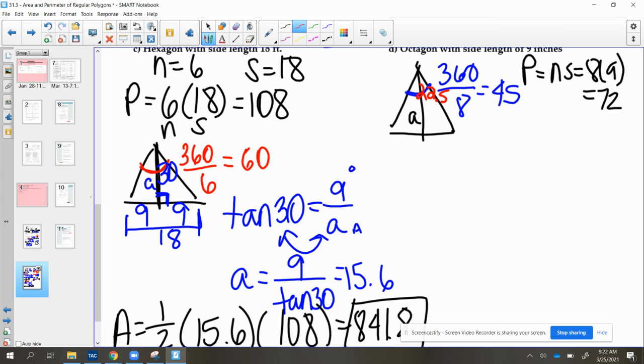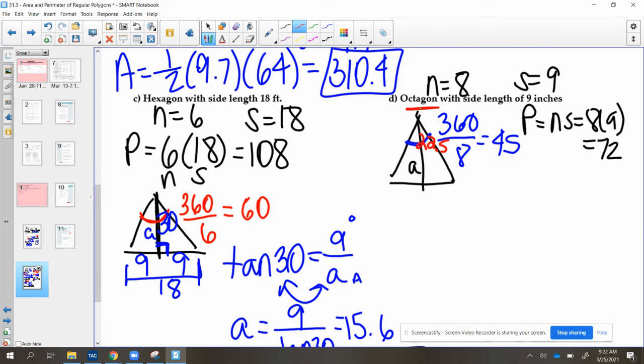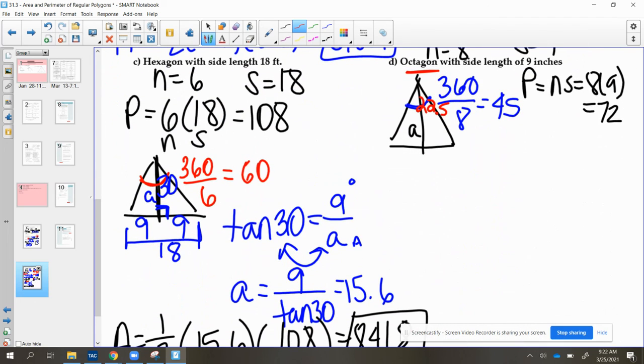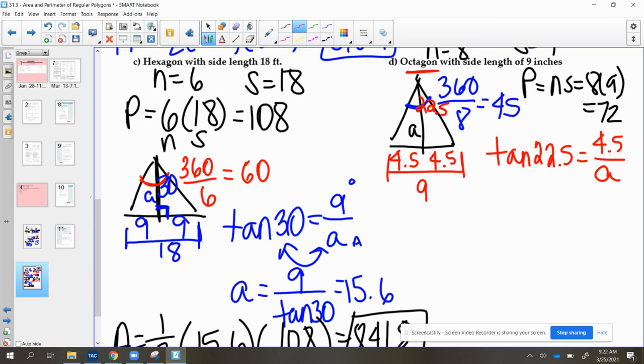So you're going to see anytime you have an octagon, you're dealing with these same values for all of these. Okay, so you'll notice that pattern continue, that you're using those same values depending on your shape. So the side length this time is 9, which means this is 4.5 and this is 4.5. And remember, tangent is your buddy. Tangent of the angle is equal to the opposite side over the adjacent side, or the apothem this time.